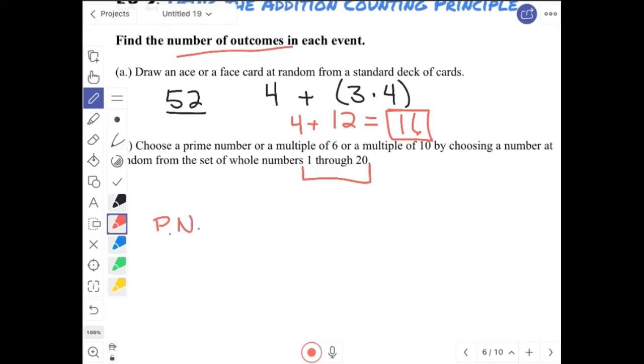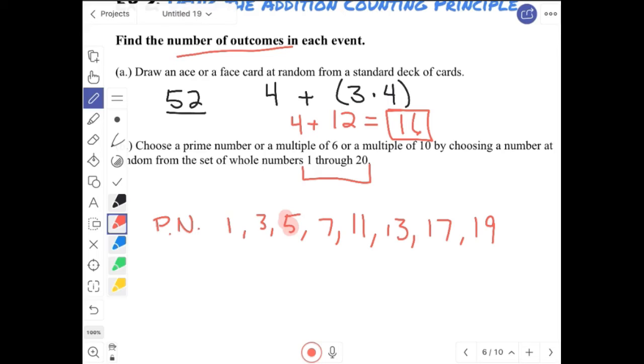So prime numbers, we have 1, 3, 5, 7, 11, 13, and 17, and 19. Okay, these are all prime numbers that are 1 through 20.